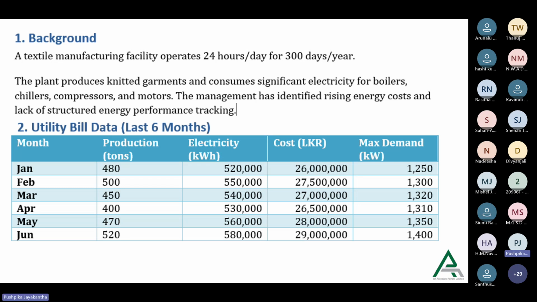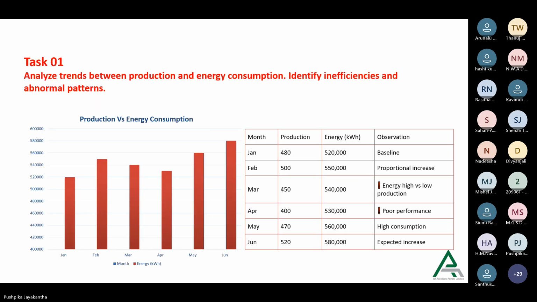Okay, we got 2 feedbacks. For task 1, the hum says January, February, April, May.